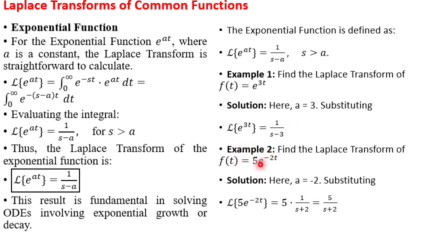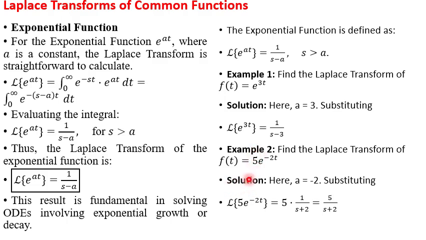Now let's look at another example. Find the Laplace transform of f of t equals 5 exponential minus 2t. Now we treat 5 here as a constant. Basically it is a scaling factor, so we just treat it as a constant.